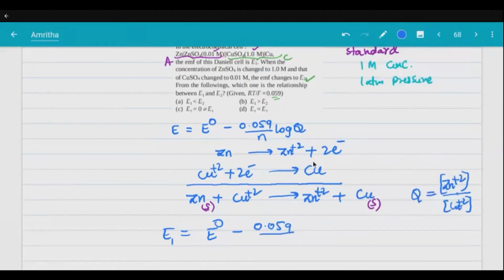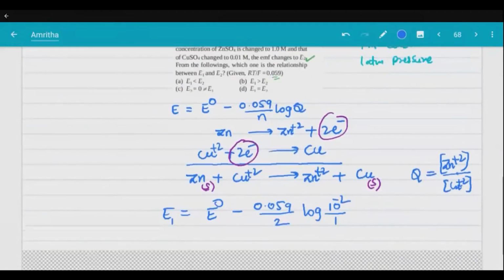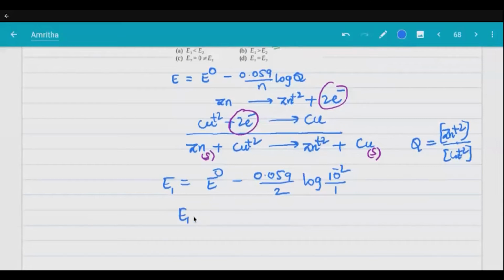How many electrons are involved here? 2 electrons, right? So 2 electrons, and log Q, the reaction quotient, 10 power minus 2 by 1. Fine. So E1 is equal to E naught, you bring this side, E naught plus 0.059, because the 2 gets cancelled, right?